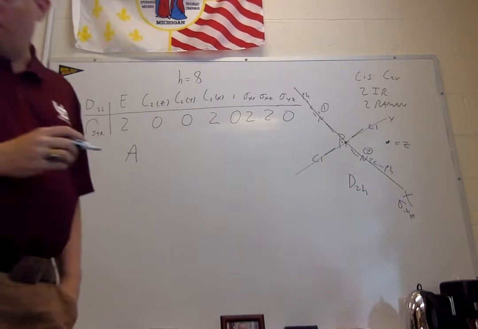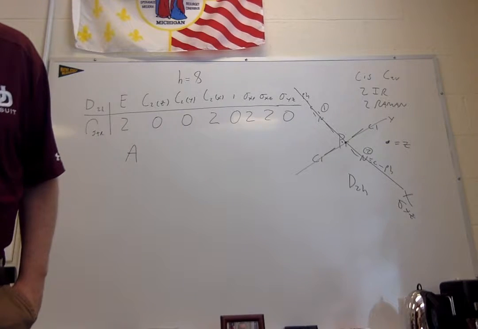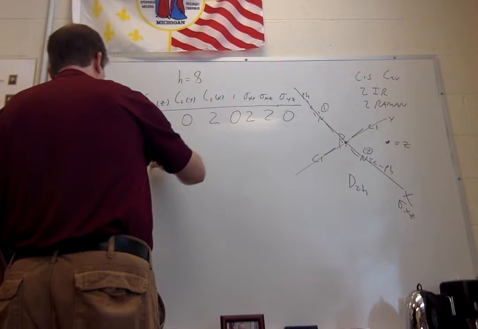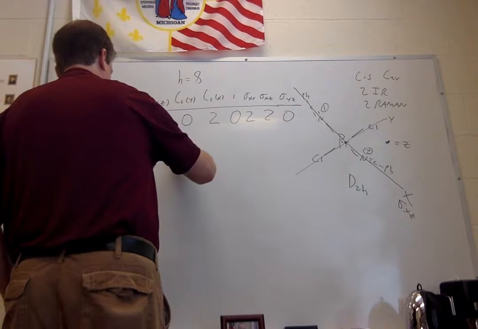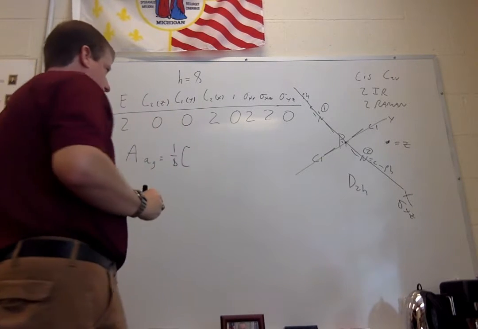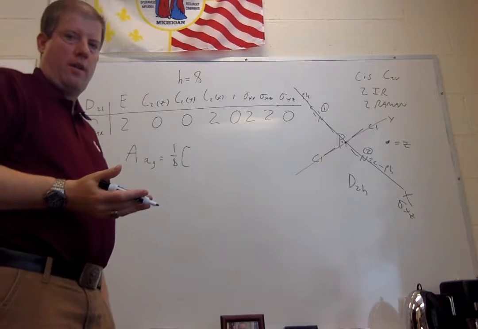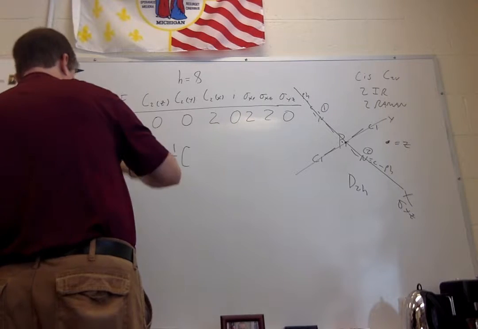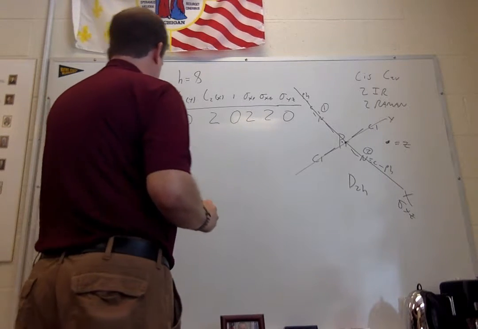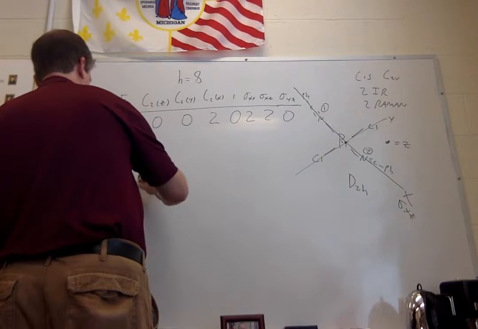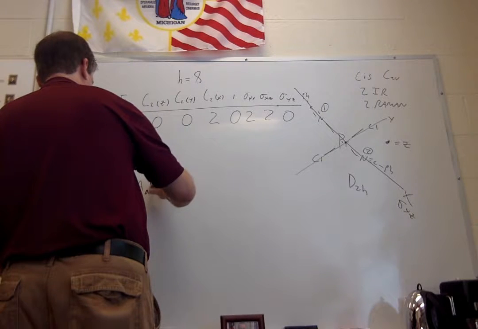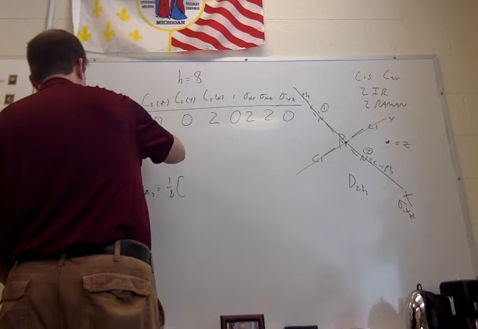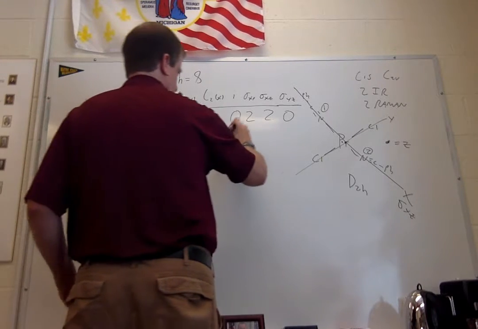So let's get to the reduction part. Let's see what the contribution of the totally symmetric Ag is. And so Ag has 1s all the way across the board here.